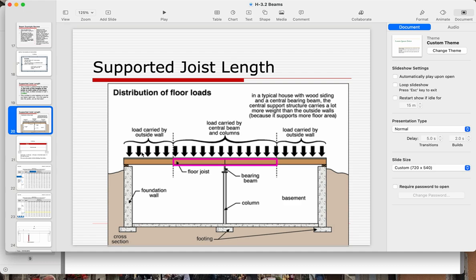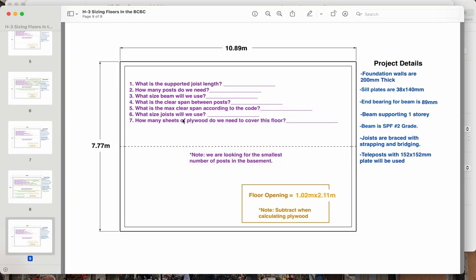So a really simple way of doing this is taking the total width of your building and then dividing it by 2. Now we could take into account some other things like our mud sills, but from my experience, it hasn't really made a huge difference. So what I would do is just take the width of your building divided by 2. Let's have a look back here.